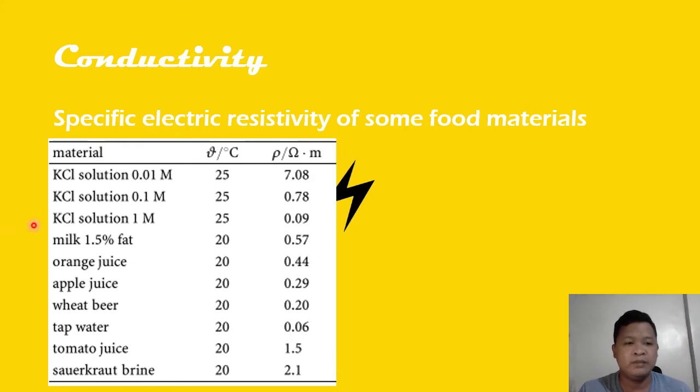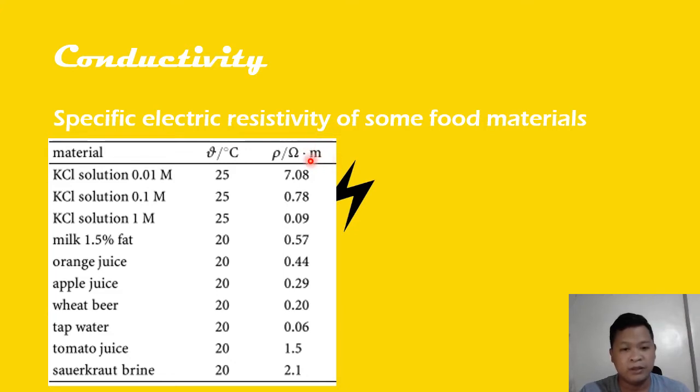Alright, so in this case we can see the resistivity values of certain solutions. Some of them, of course, are food related. As we know, when there's a higher resistivity, less current can flow for the same amount of potential difference or voltage. No?